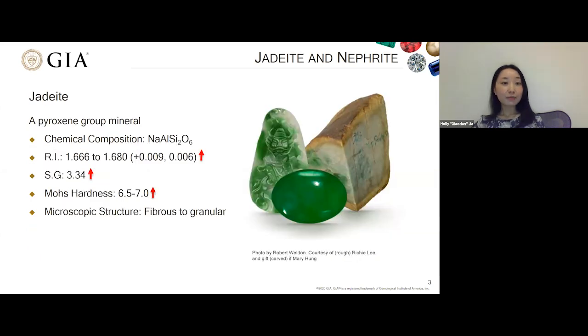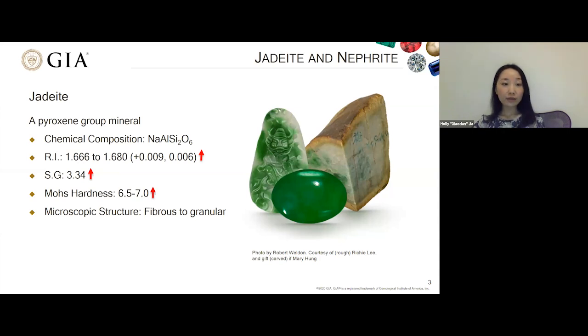Well, jadeite is a pyroxene group mineral that is rich in sodium and aluminum. In comparison to nephrite, the physical properties of jadeite, like its refractive index, specific gravity, and hardness, all tend to be slightly higher. So these two types of jades can be easily separated based on basic gemological testing.